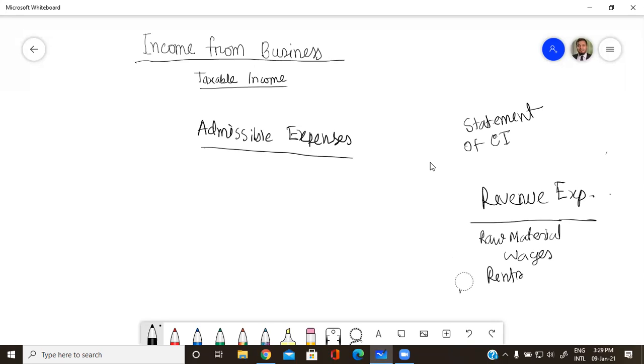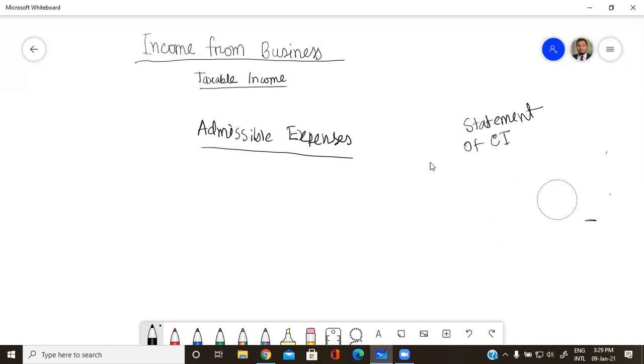So in the tax return, when you show your expenses to calculate your taxable profit, which expenses are you allowed to show? Revenue expenses or capital expenses? Revenue expenditures, not capital expenditure.